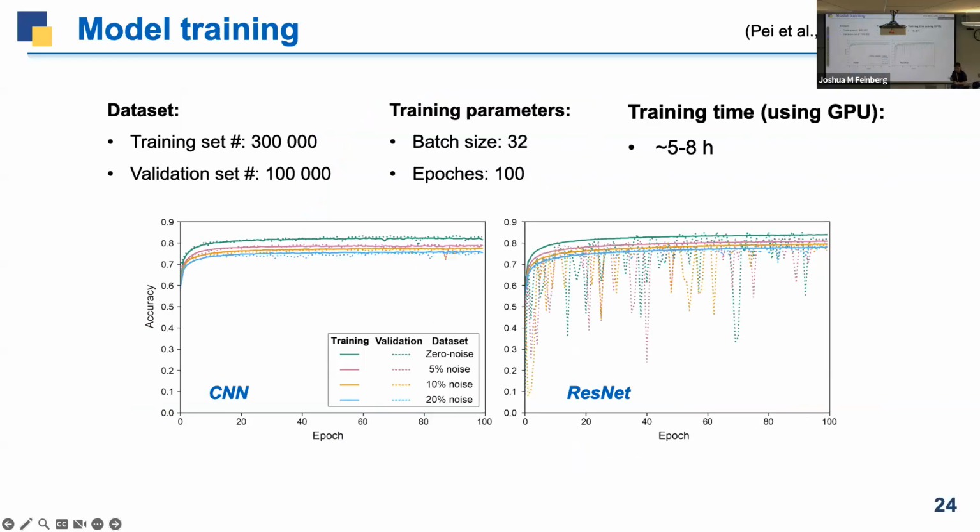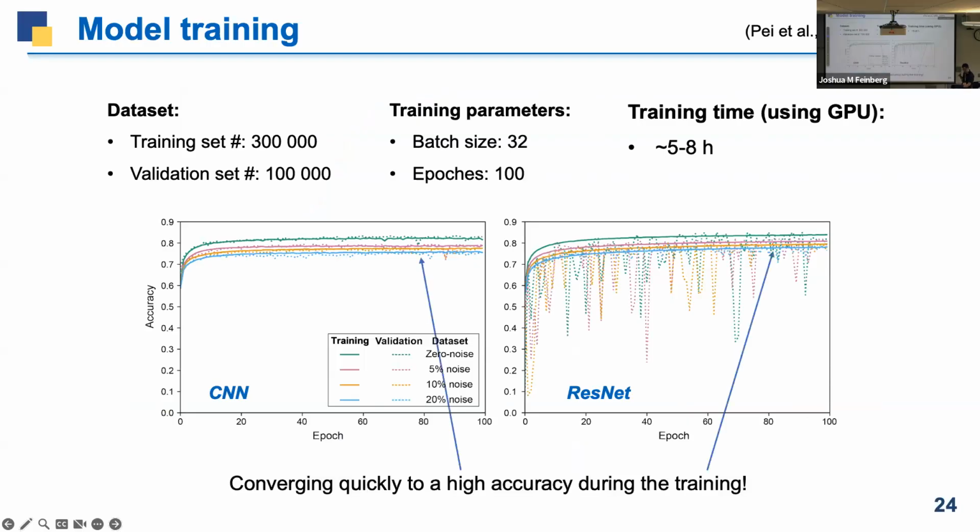So this is the model training, and after 100 epochs, we can see both CNN and ResNet models converged, but ResNet models seem to have some overfitting problems, but basically it converged to a high accuracy level.